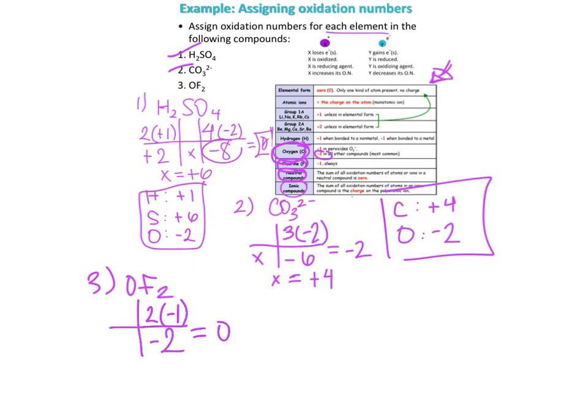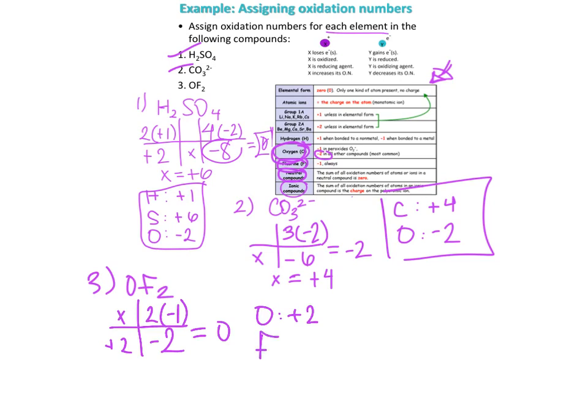With fluorine, there are no exceptions. It's very stubborn. It's just one of those weird situations. So in this case, our unknown is x for oxygen, and to cancel this out, it would have to be +2. So here, oxygen is +2.